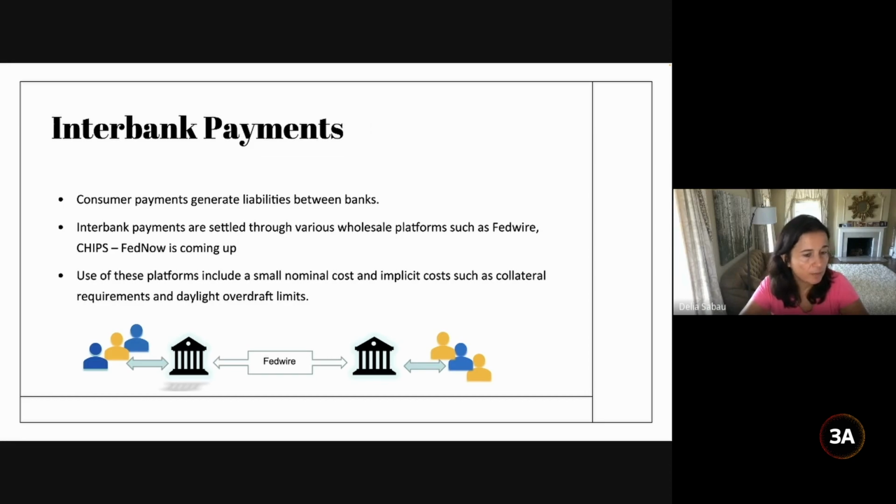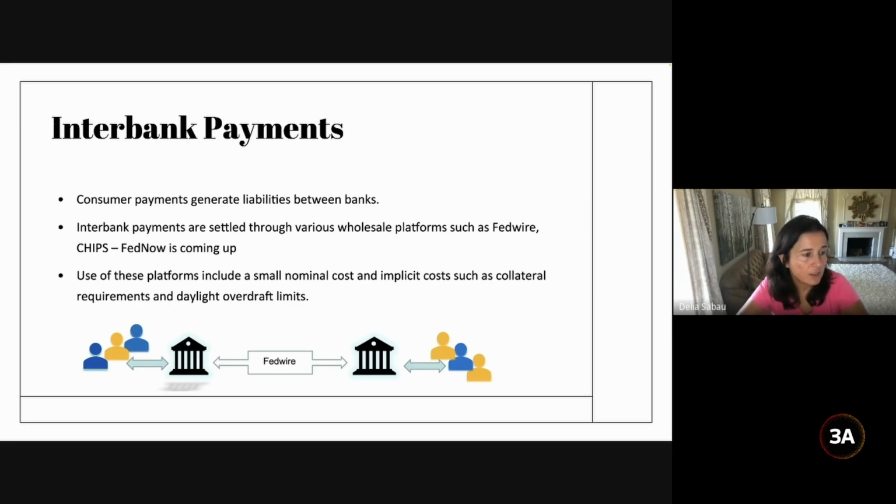So if one of the blue people on the left writes a check for the orange person to the right, the orange person will deposit it in their bank account, and their bank is going to demand money from the blue person's bank.